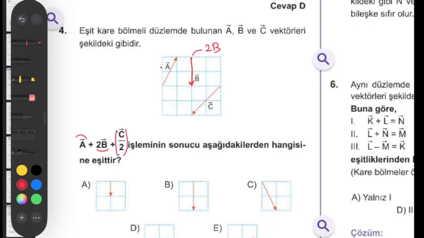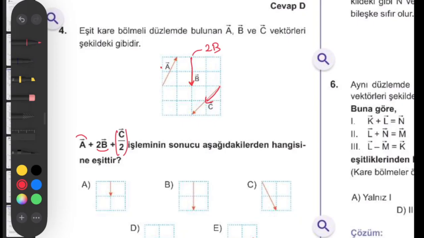And you have C divided by 2. It means half of the C, 1, 2, and you need the half of it. So 1 vector, the 1 unit here and the second one here. So you can cancel the second one and you just have 1 vector here.